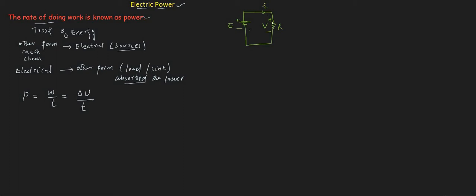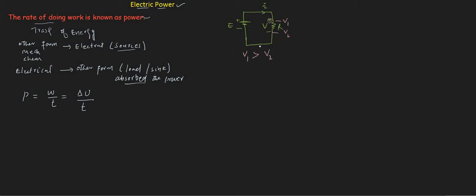Let's say the potential at this point is V1 and at this point is V2, and conventionally the positive sign is at the high potential. So the electric potential V1 is greater than V2.